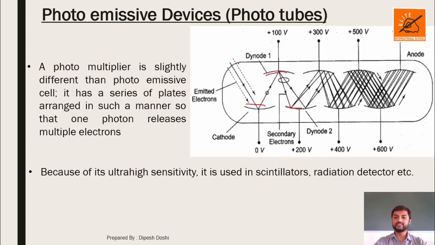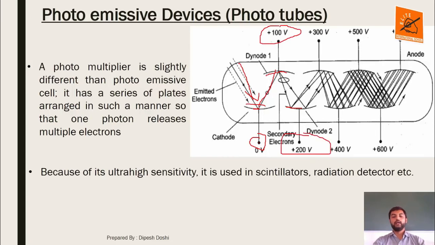When photons are incident over here, because of the photons, electrons will be ejected. This ejected electron will be attracted over here. Now here you can see that the voltage here is 0, then 100, 200, and continuously increasing voltage is given.